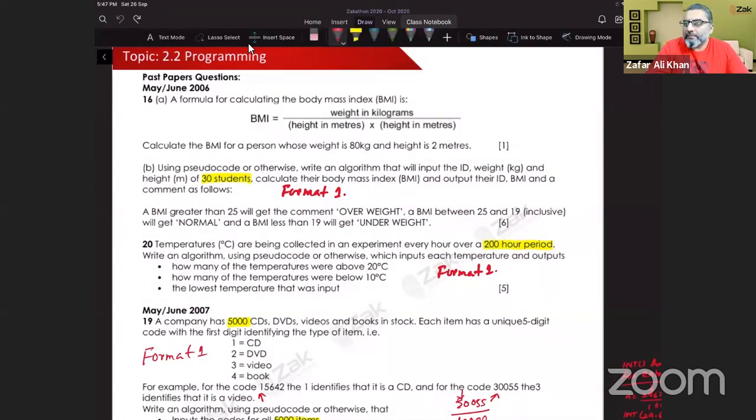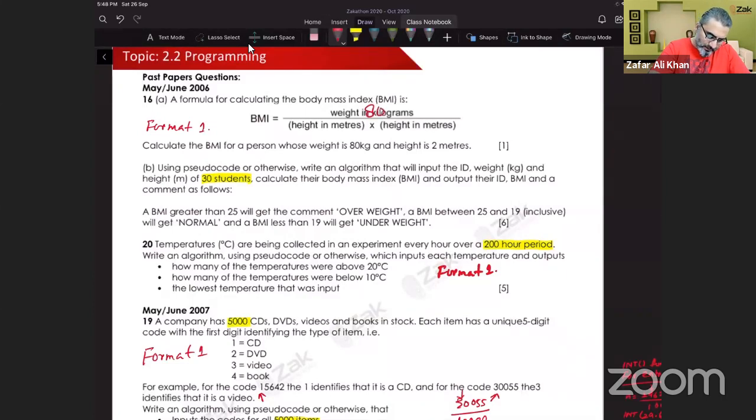This is a question from May, June 2006. Question 16, a formula for calculating the body mass index, BMI is equal to weight in kilograms divided by height into height. Calculate the BMI for a person whose weight is 80 and height is 2 meters.